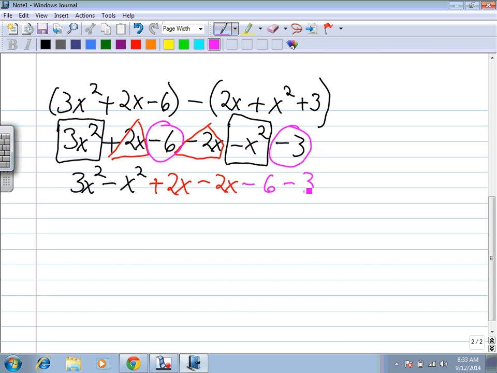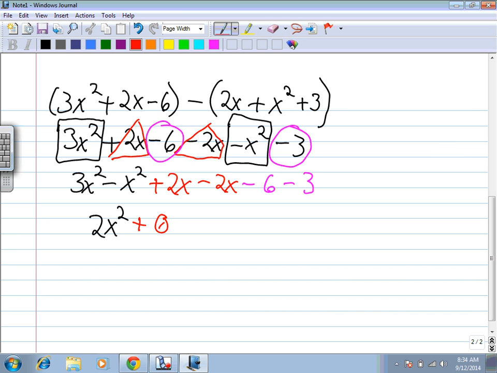Minus 3. So we're not doing anything different than we did before, and now we just combine like terms. So what's 3x squared minus x squared? Just yell it out. 2x squared. What's 2x minus 2x? 0. I just put it here to show you don't have to put it down.